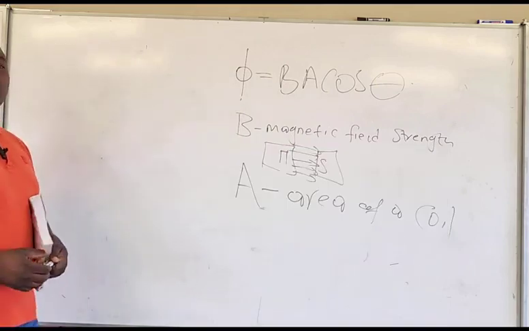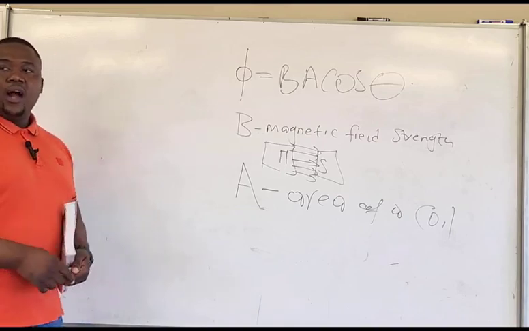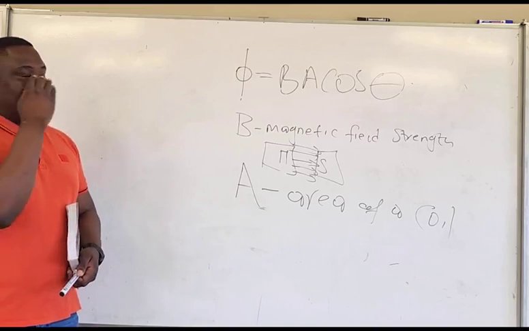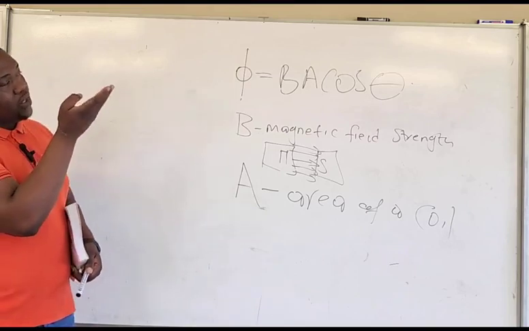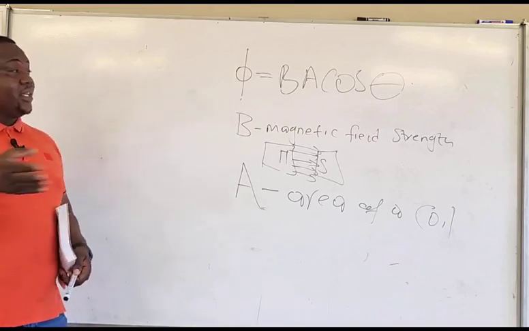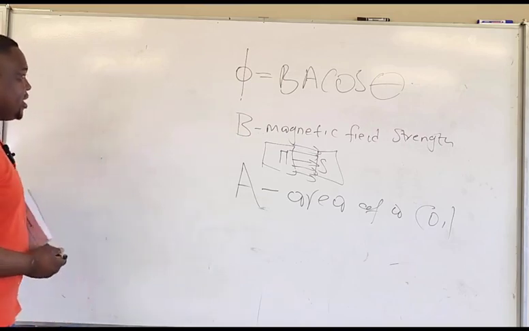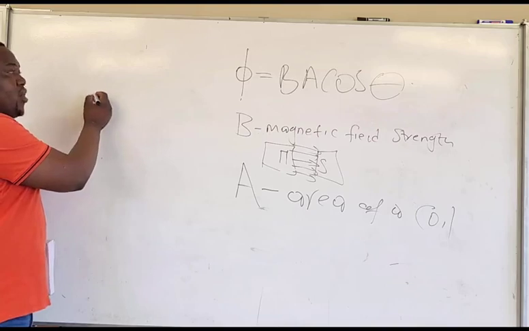Then we come to something that is very important: theta. Cos is a trig ratio. What is theta? It's very important for us to understand what theta is.